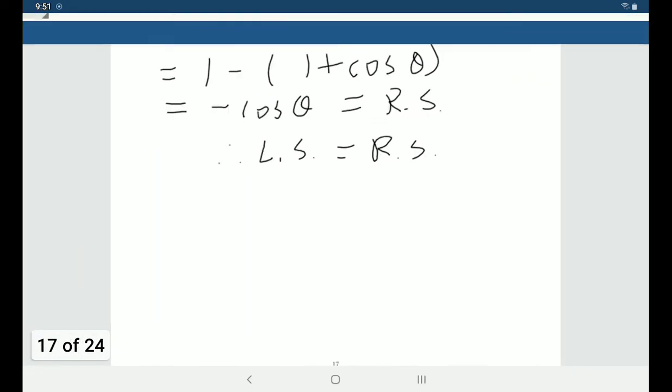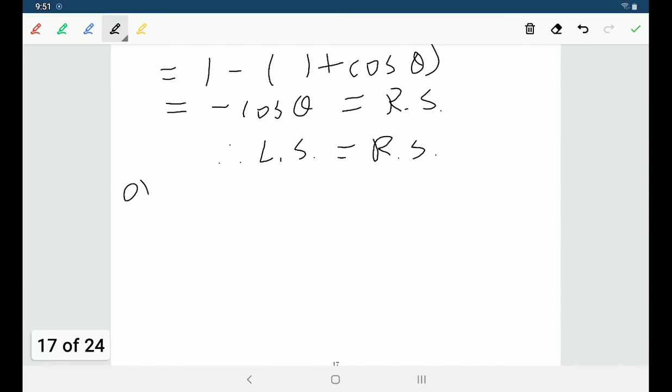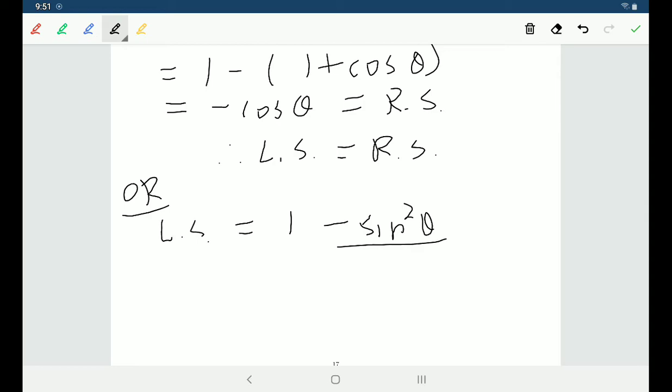So another option is, or, we could start with the left side, which is 1 minus sine squared theta over 1 minus cosine theta. And so my plan here is I'm going to take this fraction that I have and I'll multiply top and bottom by the conjugate, by 1 plus cosine of theta.